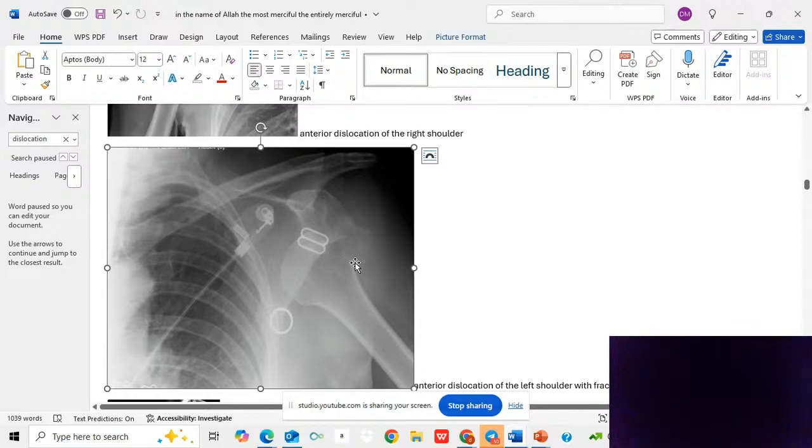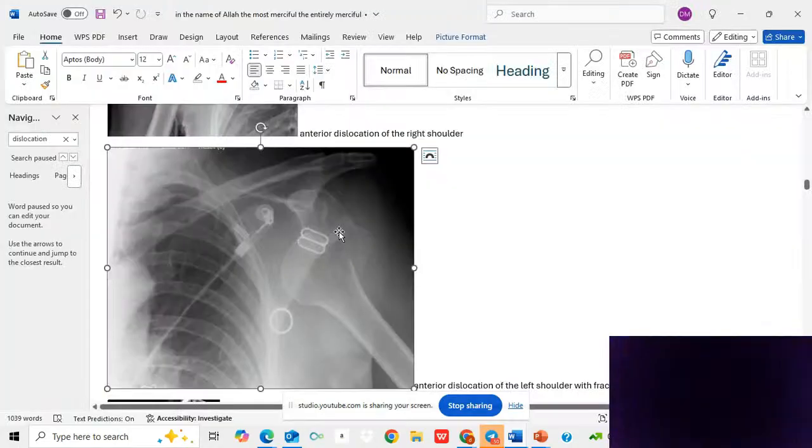That's why you should check for an associated fracture of the greater tuberosity, because once you see the anterior shoulder dislocation, you think that this is a spot diagnosis and forget to check for any associated fractures. So here, this is a greater tuberosity fracture.